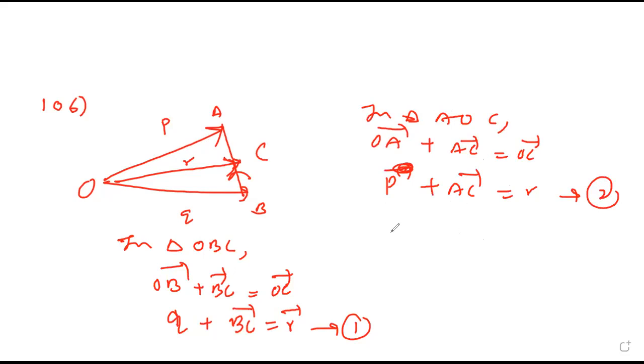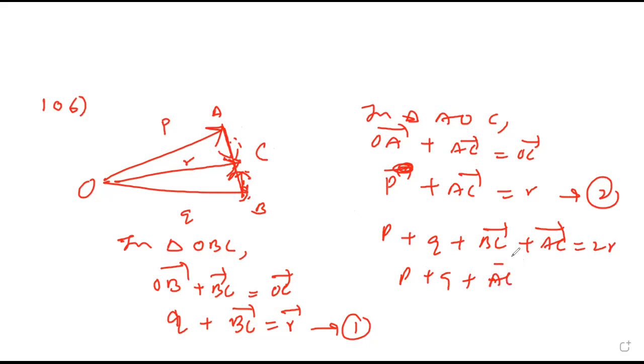So when you add this, we get P plus Q plus BC plus AC equal to 2R. BC and AC are equal in magnitude, but opposite in direction. So that means this is minus AC, na?